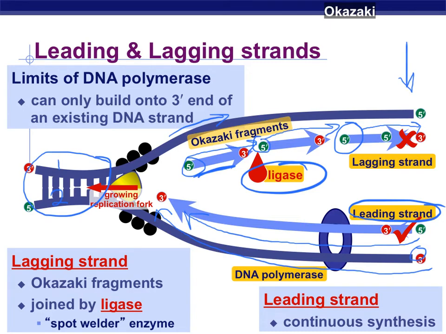Just remember, on the original template strand, it is always read in the 3' to 5' direction. What that means is, because of their strands being anti-parallel, the new DNA strand, the complementary strand, is always laid down from a 5' to 3' direction. You want to keep reviewing that so that you can keep this straight.